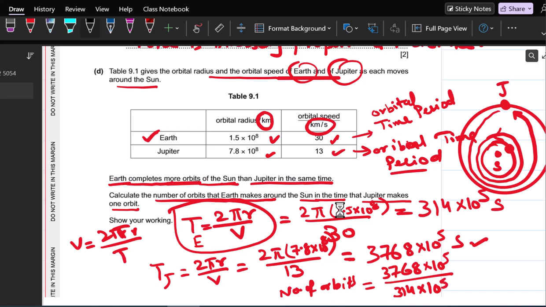So we have to take the ratio here. 10 power 5 cancels. 3768 divided by 314 gives 12 orbits. So 12 times Earth is going to orbit, and in that duration, Jupiter is going to orbit once.